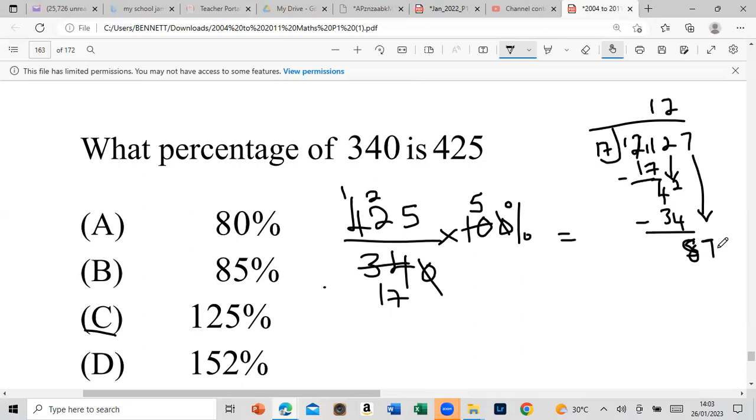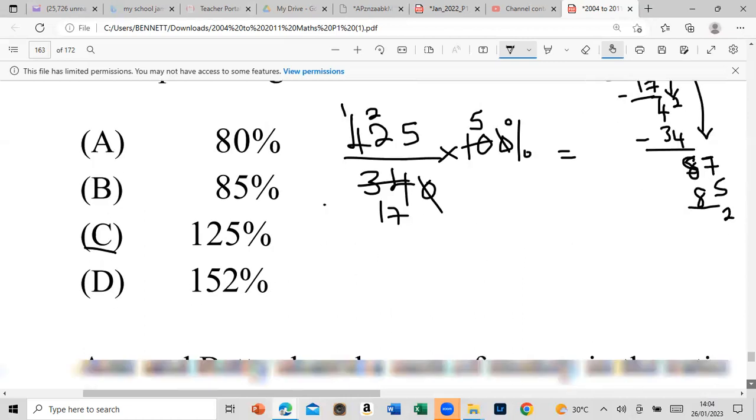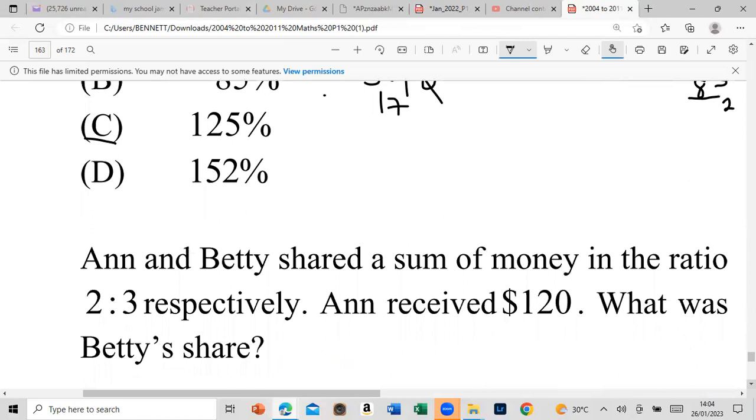So we have 8, 6. And then this will go 5 times. 5 sevens are 35. 5 ones are 5, and that's 8. So remainder 2. So it's 125%, as we had established earlier. Alright, let's move on to the next one now.